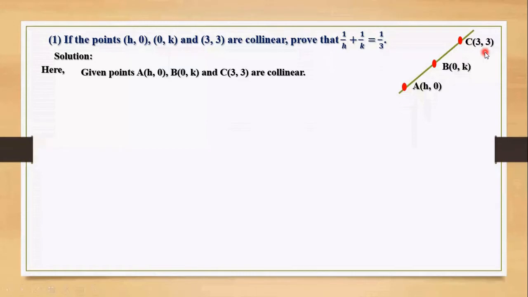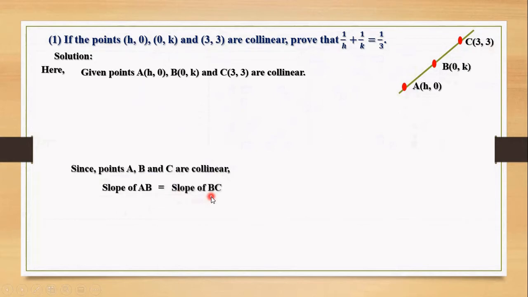Since these 3 points are collinear, the slope measured everywhere on the line is the same. So we can write that A, B, C are collinear, so slope of AB is equal to slope of BC. To prove this, let's find the slope of AB first.